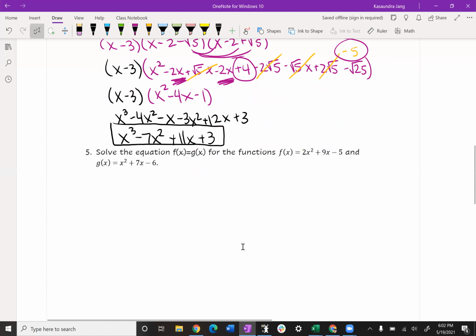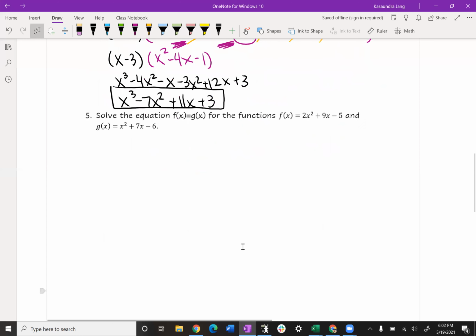And then the last problem here is to solve the equation f of x equals g of x for these specific f of x and g of x functions they gave us. So they said f of x, here's my f of x, equals the g of x, so here's my g of x.